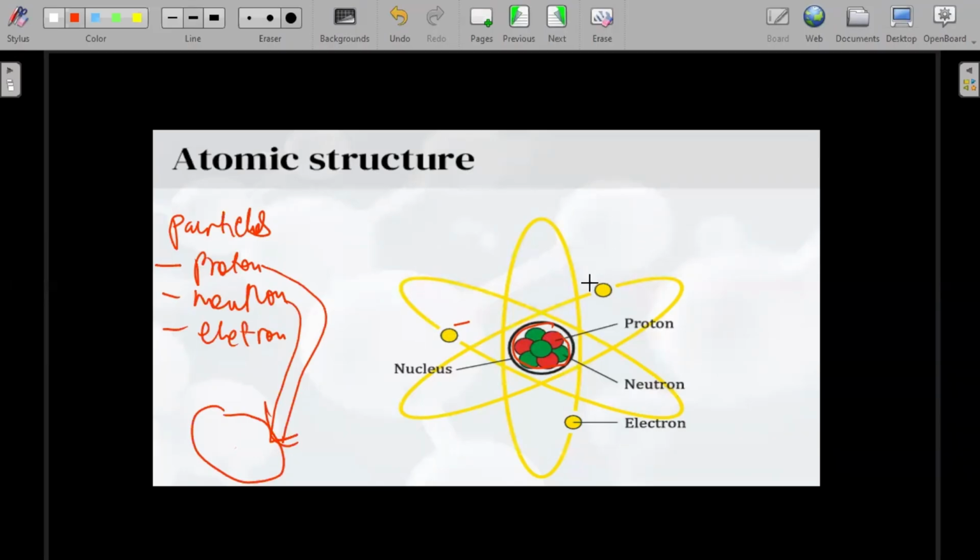So the entire weight of an element depends on the nucleus, where the protons and neutrons are located. The electrons are negligible. Those are some of the things you need to know about atomic structure.